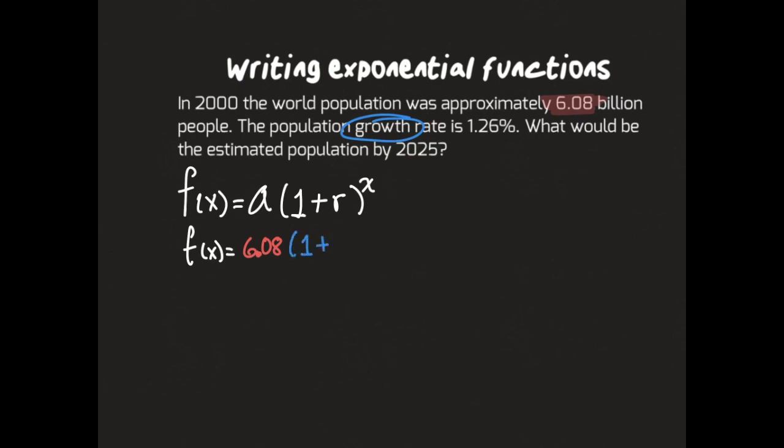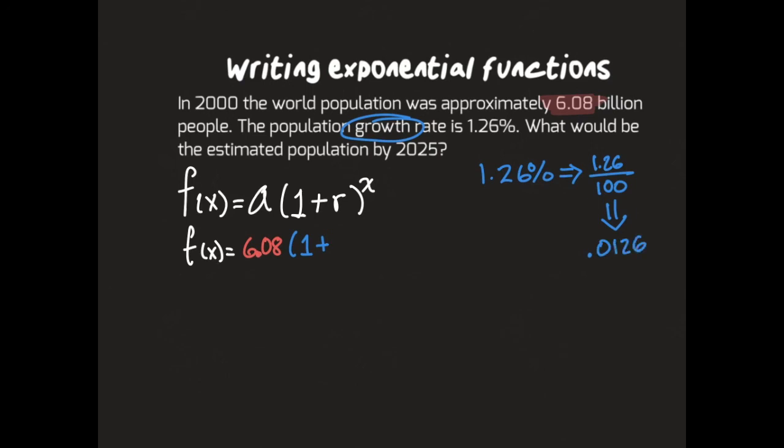But be careful, one more time. My rate is given as a percentage, so I know this is going to be 1.26%. But I need to change it into a decimal. For those of you who don't remember, this will be 1.26 over 100, and that becomes 0.0126.